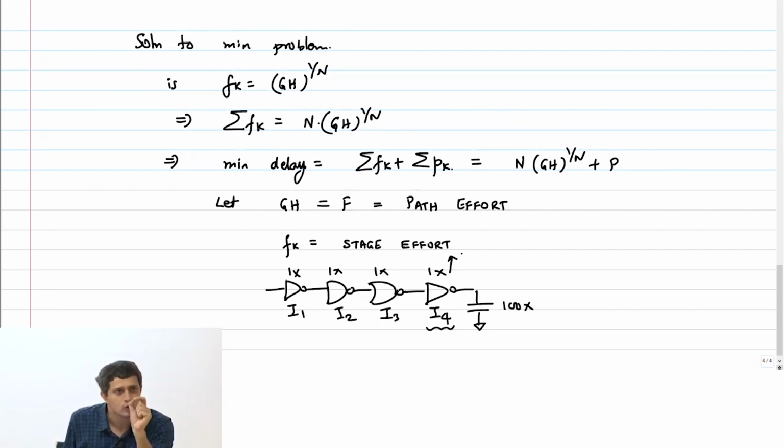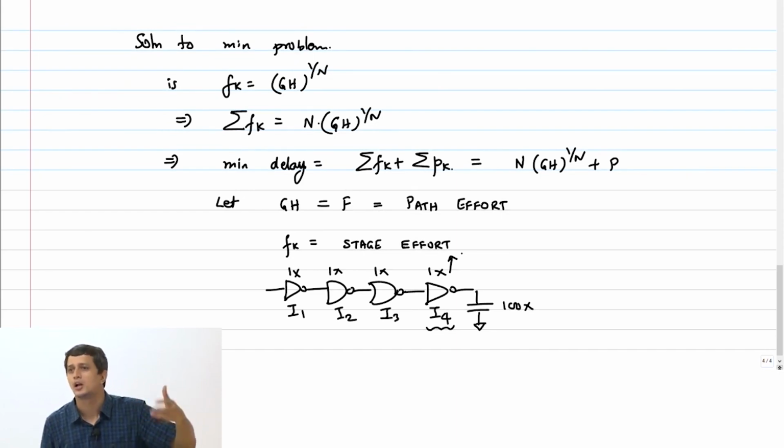The problem is, if you increase the size of I4, you are now going to increase the load on I3. The same thing will cascade all the way to I1. So the only way to reduce the effort on I4 is to make the other gates do more work. Now the other gates are not doing any work.